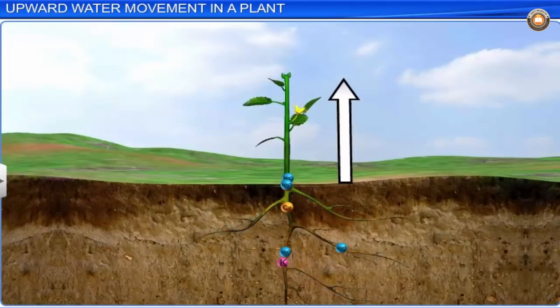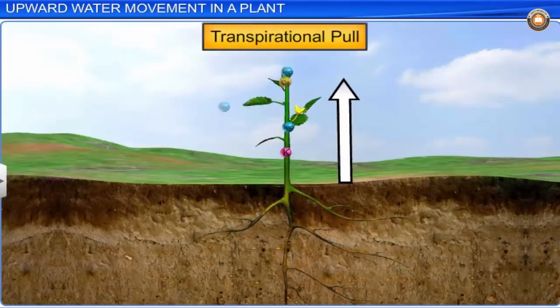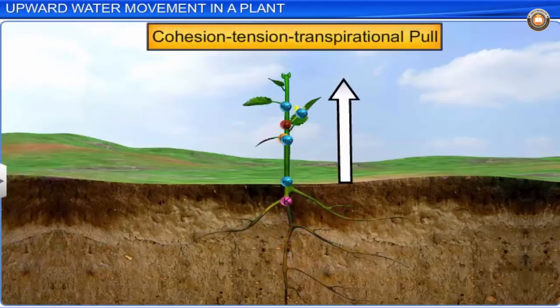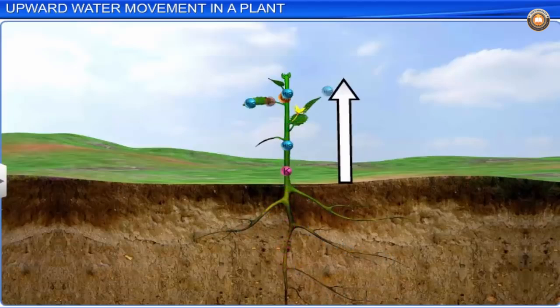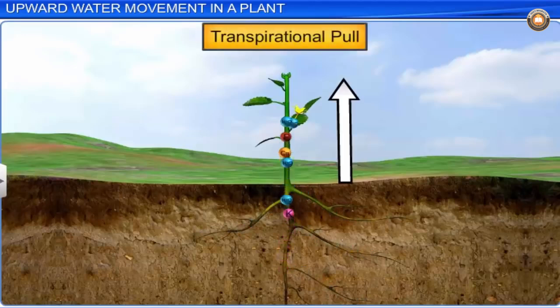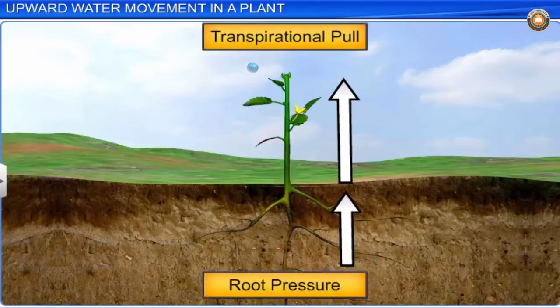Since cohesion tension helps the transpirational pull, it is also known as the cohesion tension transpirational pull model of water transport. Therefore, we can conclude that together, transpirational pull and root pressure are responsible for the upward movement of water in plants.